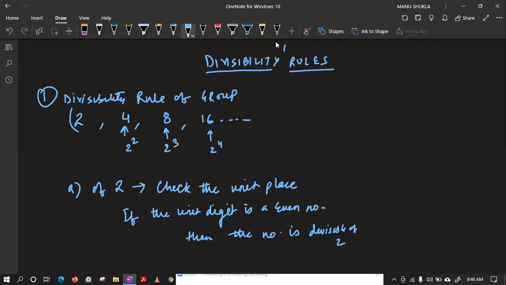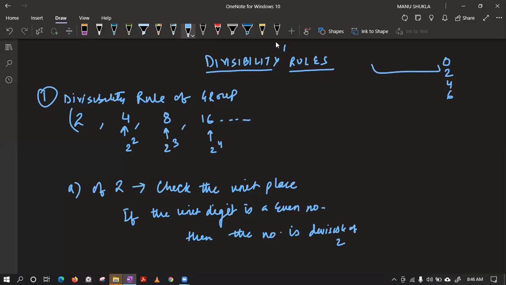Whatever is in the front, we don't know, but if at the end we have 0, 2, 4, 6, 8, we can say this number is divisible by 2. You have to write all these things as your classwork. You can take a screenshot at the end, or you can write also. Now this is for 2.